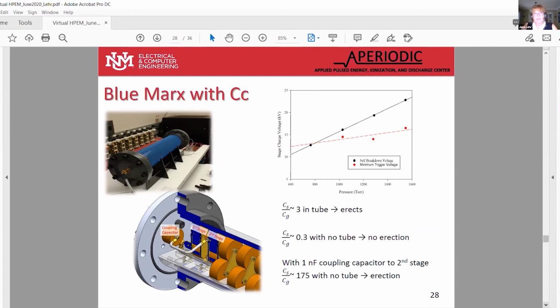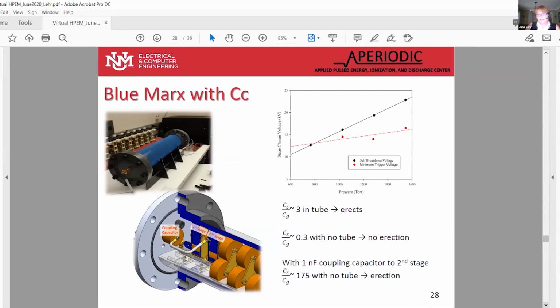When we took off that metallic can, it decreased that ratio to about 0.3 and wouldn't erect at all. When we put this coupling capacitor in, it increased it to about 175, and we see the slope on the voltage range is wide, and it's wider for higher pressures, which is good.